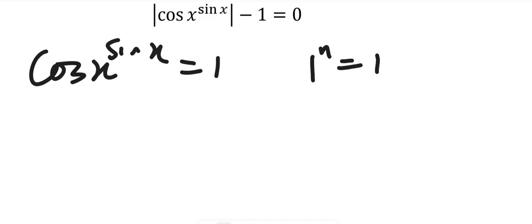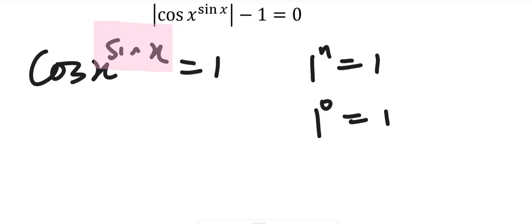Also, 1 to the power of 0 gives 1, which means the power to the power of 0 should give us 1. What I need to do now is equate the power, which is sine x, to 0.